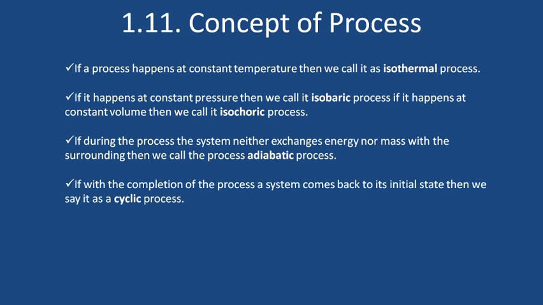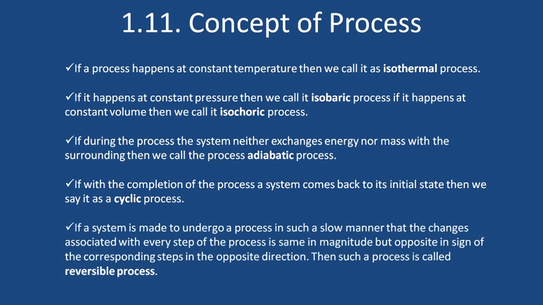A system can be made to undergo a process in such a slow manner that at every step the changes associated with the process will be the same in magnitude but opposite in sign if the same step is gone into the backward direction. Then that kind of process is called a reversible process.